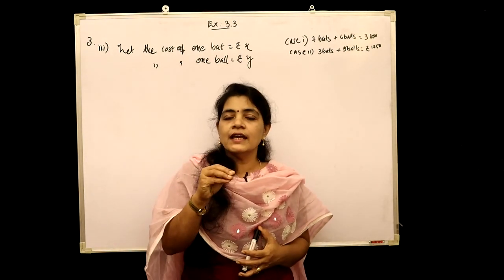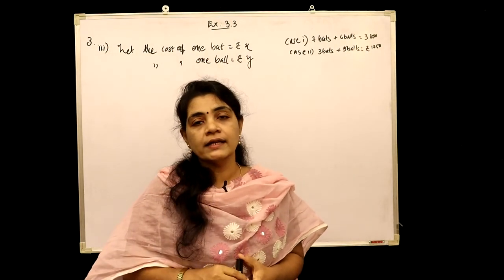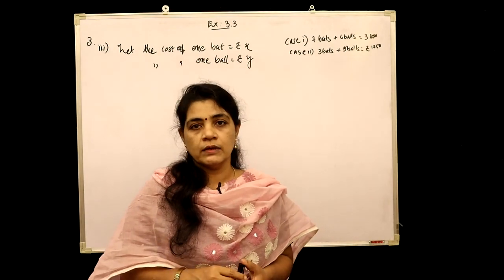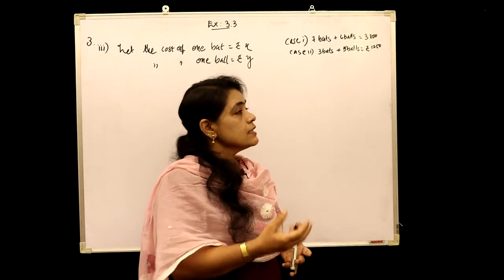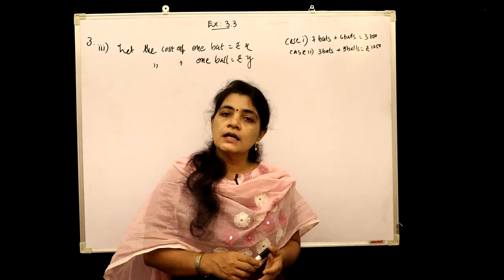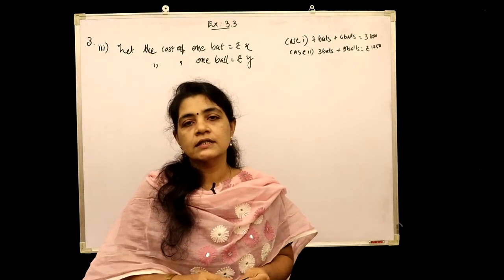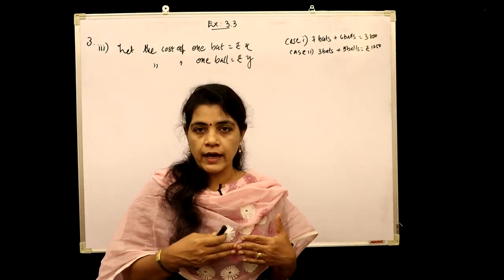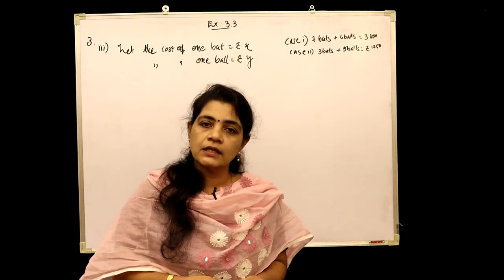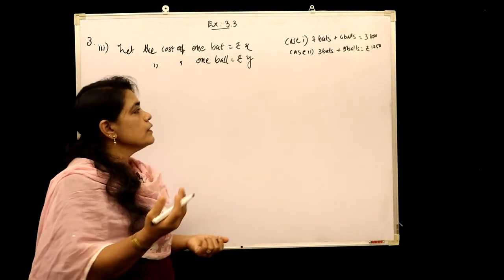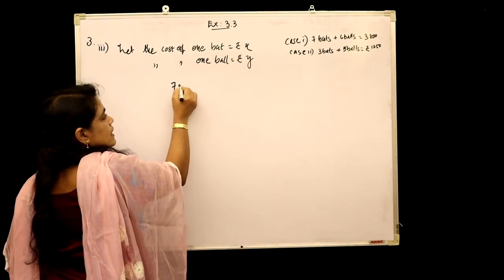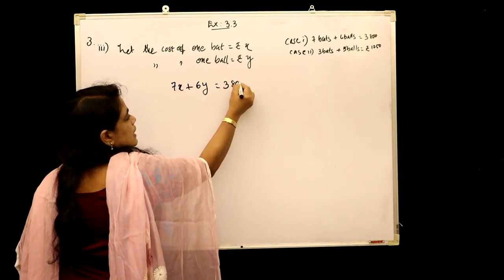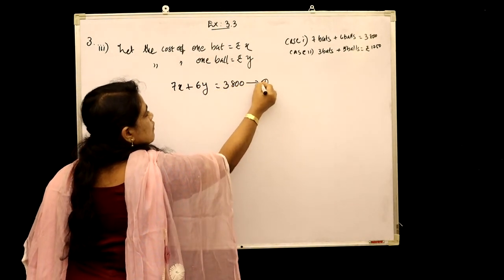So if we have taken the cost of 1 bat as rupees x, then 7 bats is 7x by the unitary method, and 6 balls, cost of 1 ball is y, so 6 balls is 6y. Together we have to add the amount paid, and that is given as rupees 3,800. So we have the first equation, that is 7x plus 6y is equal to 3,800. This can be equation number 1.